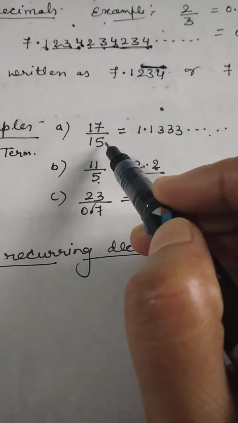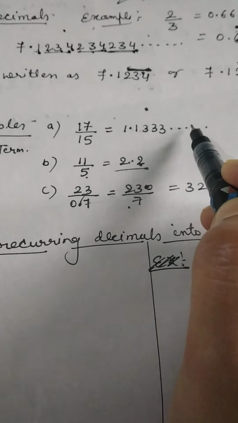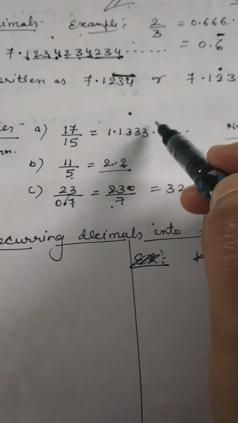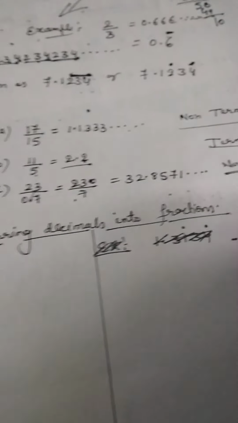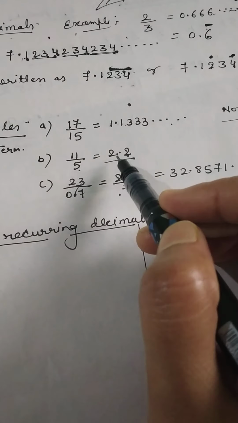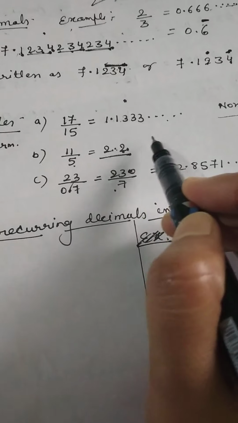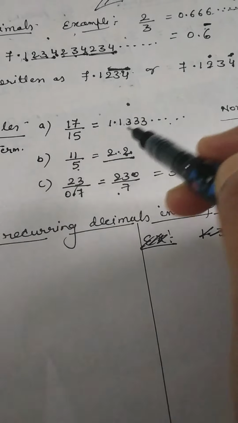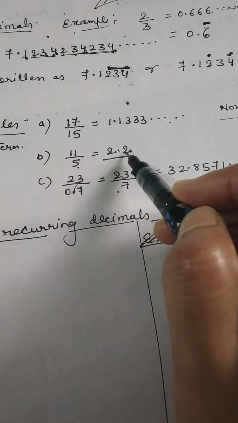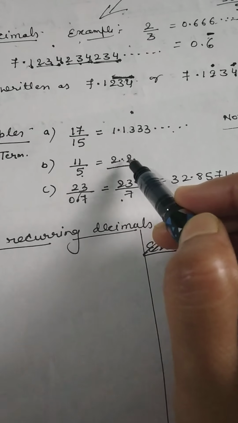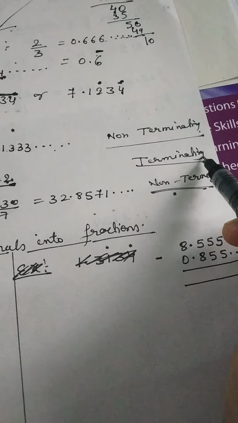Suppose this 17 by 15, if you divide, we will get 1.1333333, means 3 is repeating and it has no end. So this is called a non-terminating decimal. 11 by 5, so we'll get its answer 2.2, and it is not repeating, or it has an end point. The division has ended here, 2.2, there is no remainder left in this. So this is called terminating.